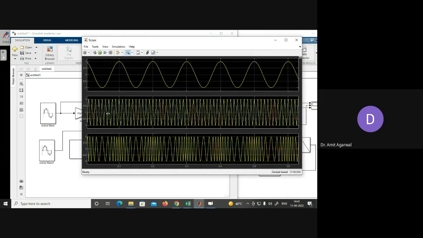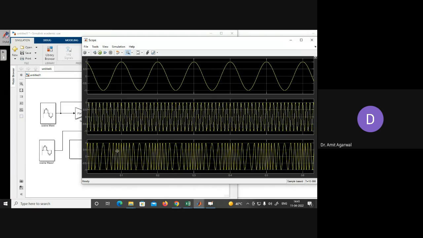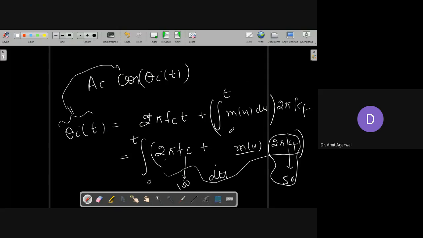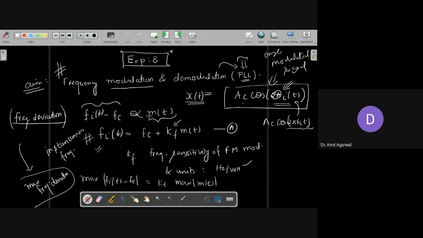Yeah, so you can see this is your message signal, this is your carrier signal, and this is your frequency modulated signal. How can you verify that this is your frequency modulated signal? You know from the frequency deviation, right? Instantaneous frequency is fc plus k of m(t).